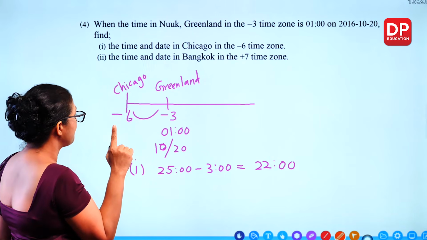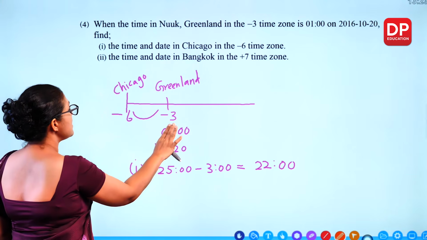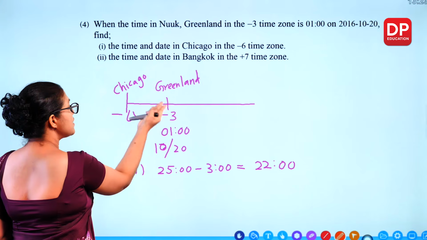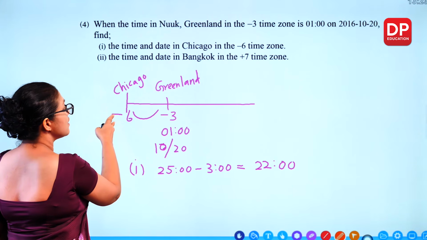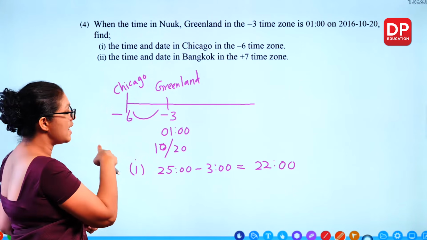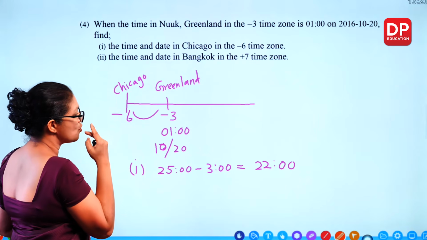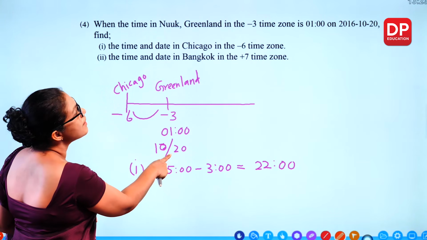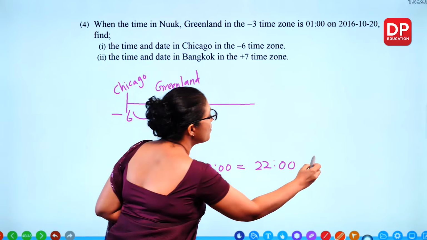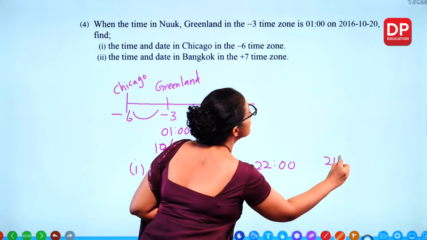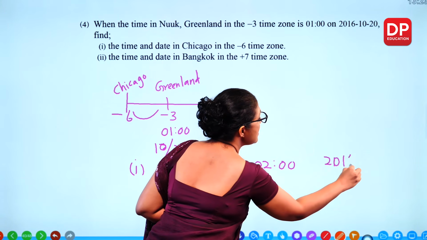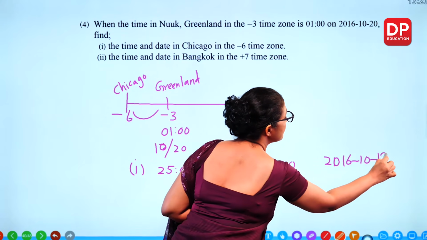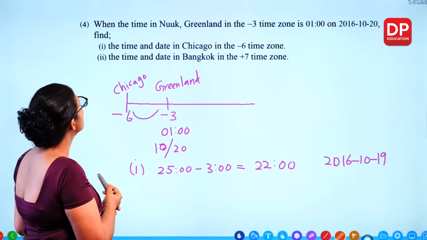What's the date? This is 1 in the morning, so this becomes the previous day night, 22 hours. So the previous day becomes 19th October. 2016, 10 and 19th. That's in Chicago.